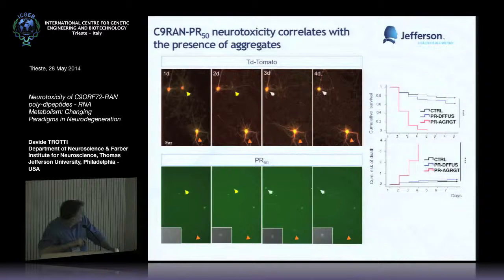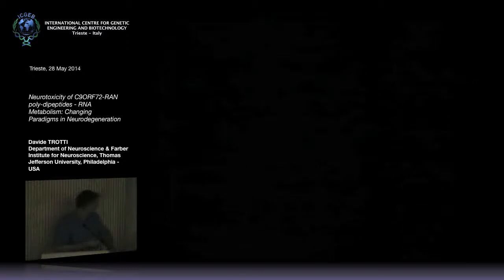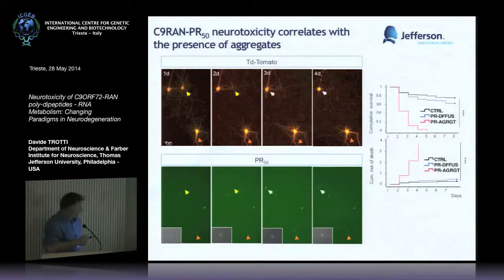Whereas this neuron here didn't carry an aggregate and was perfectly fine at day 1 and day 2, but at day 3 it starts to have an aggregate of PR50, and the following day it is bound to die.